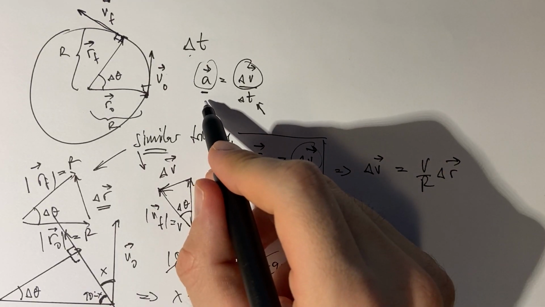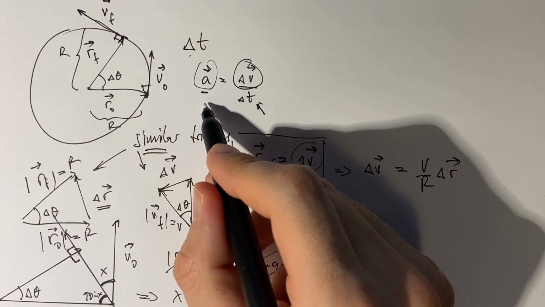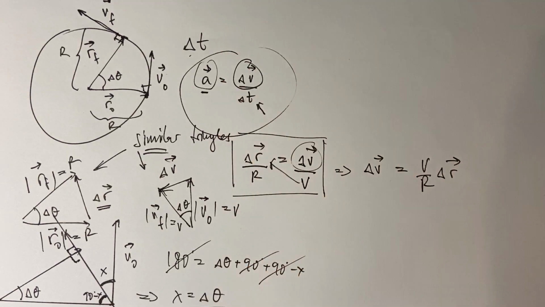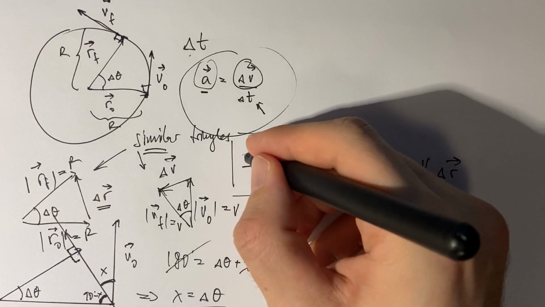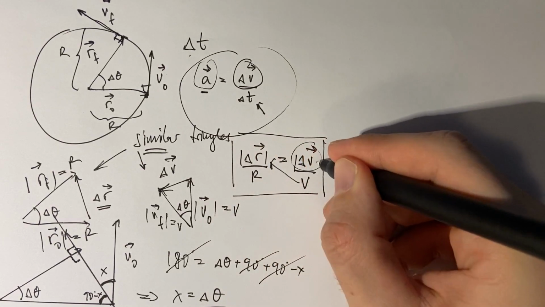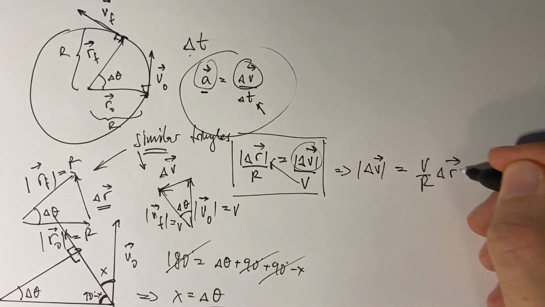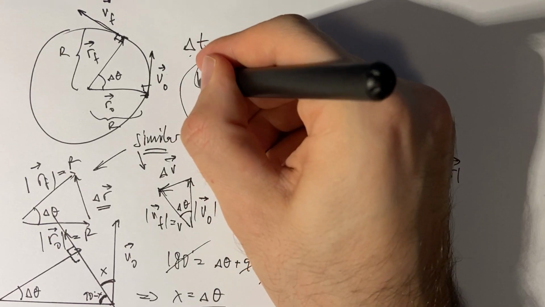And then we have this formula right here. Important thing here to know is that we're talking about magnitudes all the time. Magnitudes of these vectors.